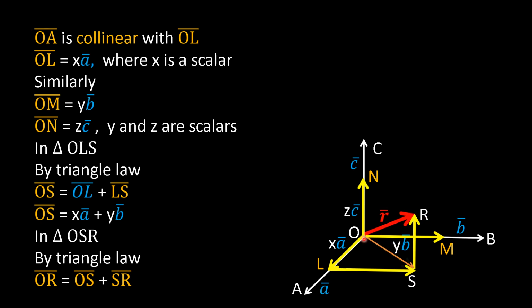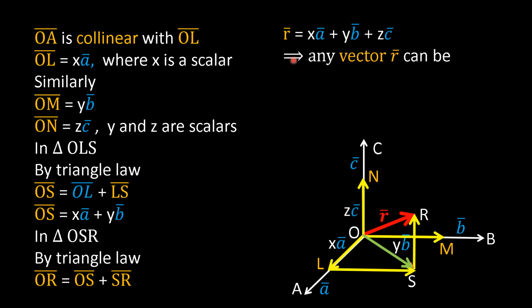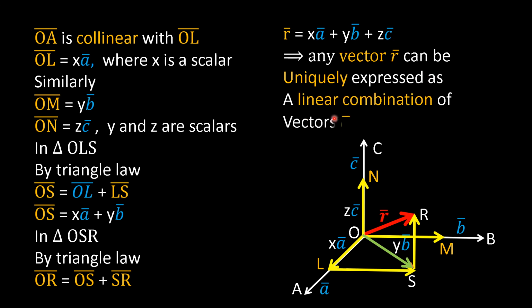That is, R bar equals X A bar plus Y B bar plus Z C bar, which implies that any vector R bar in space can be uniquely expressed as a linear combination of vectors A bar, B bar, C bar.